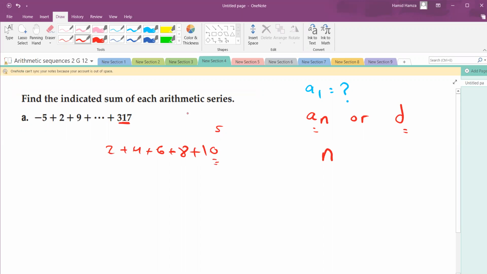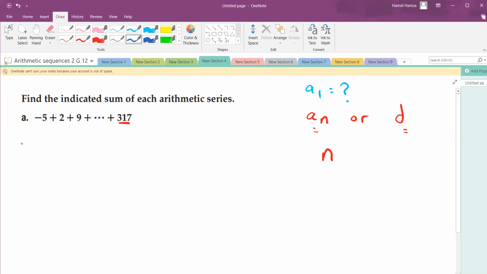Okay. So if n is not given, n represents the order of the last term. So we want to find the order of the last term. Also, we want to find d. What is the common difference here?